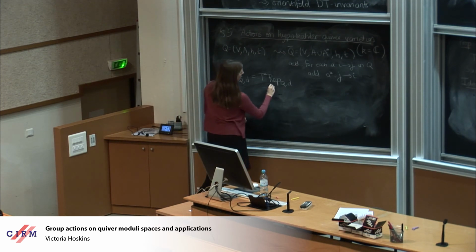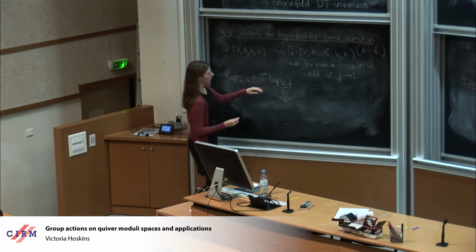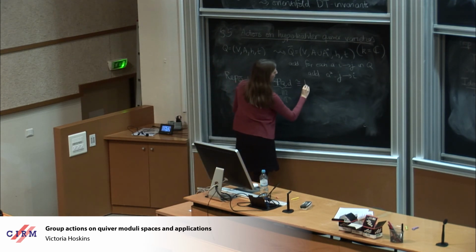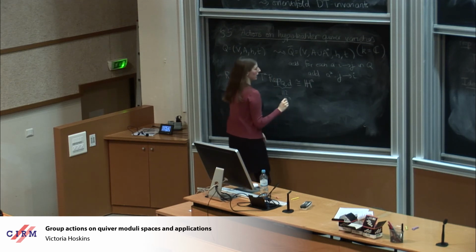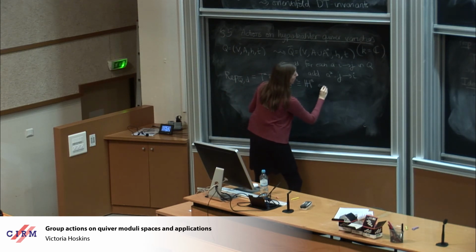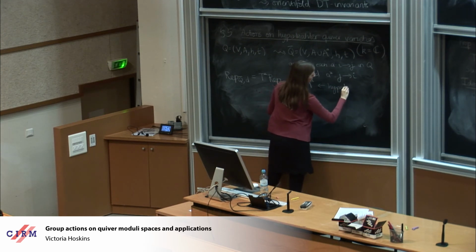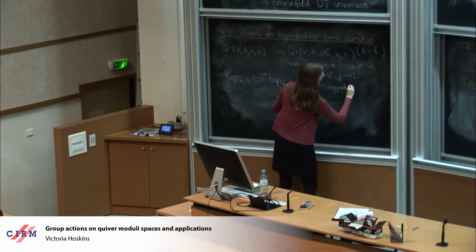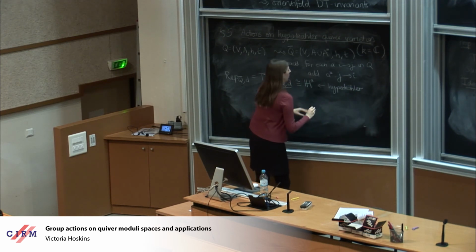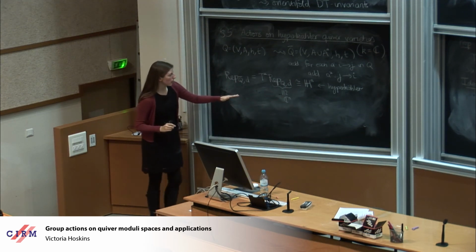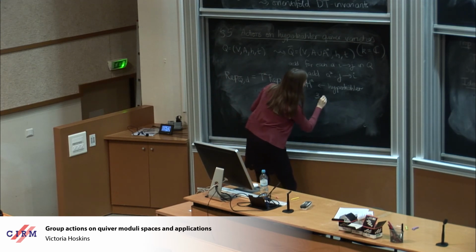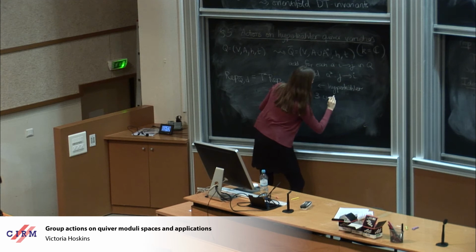And this thing here was just some complex vector space. And so then naturally we can identify this with a quaternionic vector space. In particular this is an algebraic symplectic thing as the cotangent bundle of some variety, but it's also hyperkahler, where now I mean hyperkahler in the non-compact sense, obviously. So we have 3 complex structures.